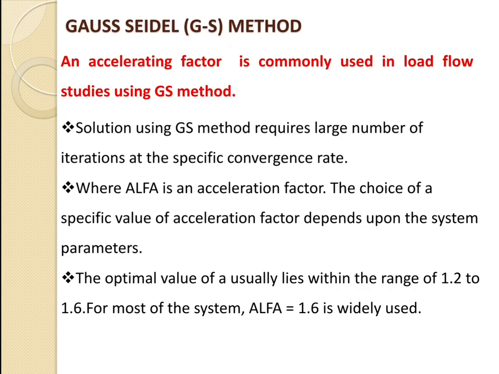Most probably we will take alpha equal to 1.6, which is widely used in power systems. So this is one kind of factor which can be used inside the GS method for solving the load flow solution.